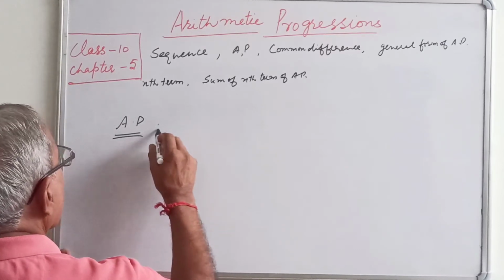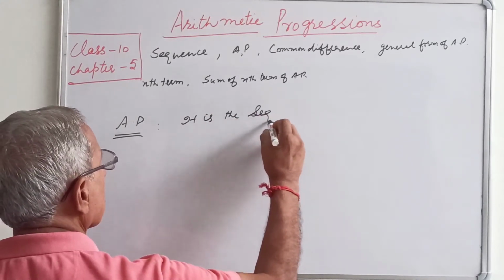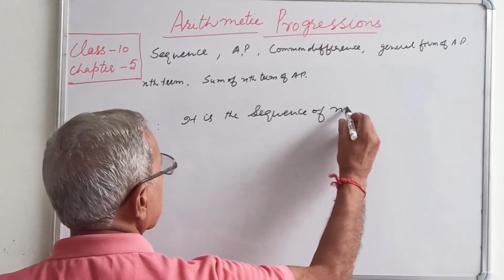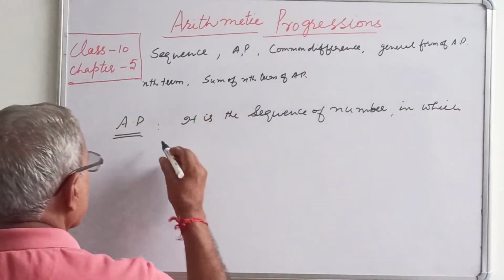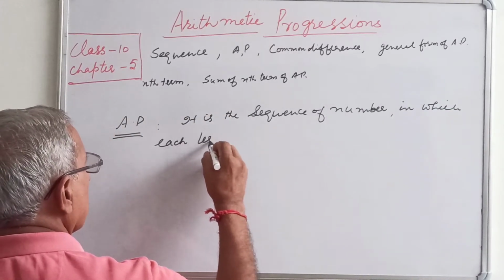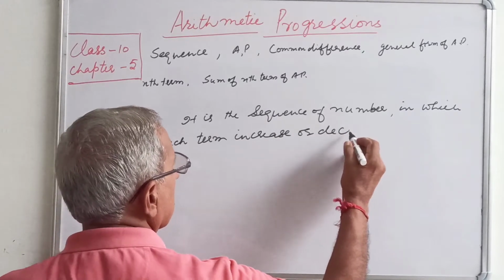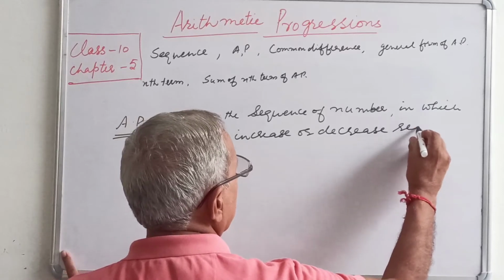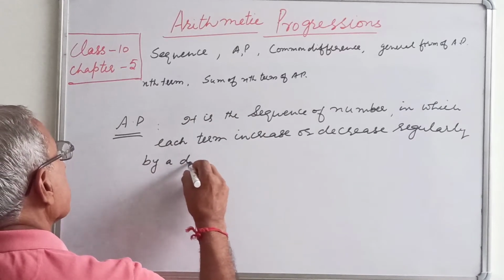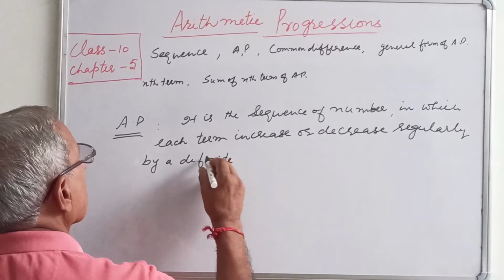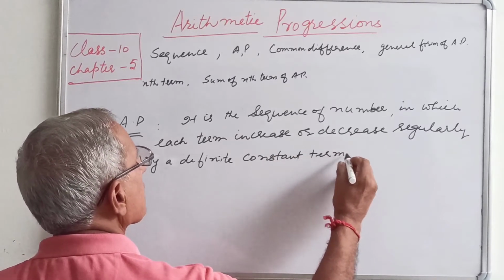AP is a sequence of numbers in which each term increases or decreases regularly by a definite constant term or constant number.